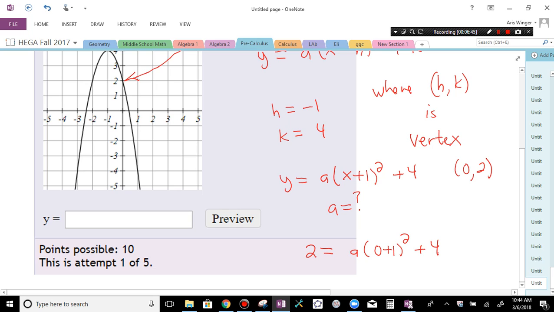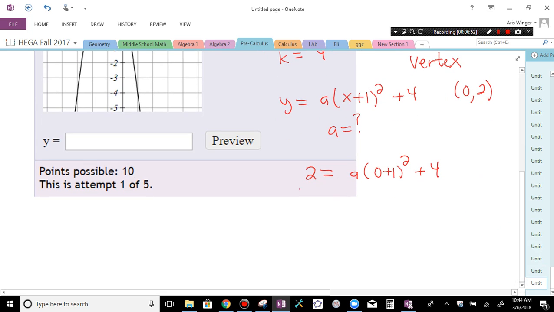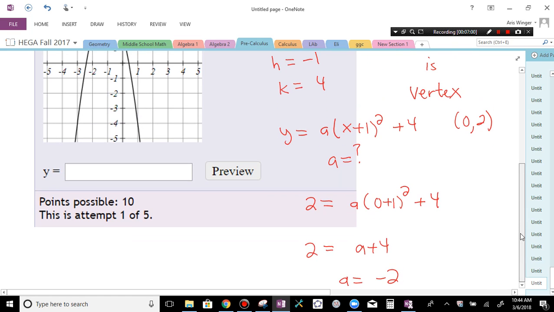That will let you find out what a is. So 2 is equal to a plus 4. It looks like a is -2, and that is not surprising because this parabola opens downward. So we knew that a had to be negative. If you go through this process and a was positive, and you look at a graph that's opening down, you've done something wrong.